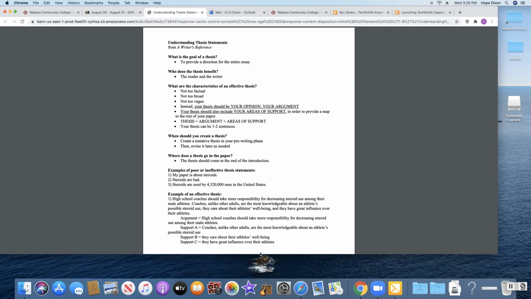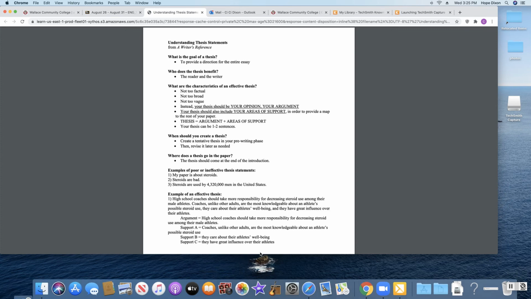So you can see how this thesis statement and these points of support provide the writer of this paper a roadmap to follow so that he or she will know exactly what is supposed to come in each paragraph. Now, for this particular essay that you're writing, you have been asked to pick a question to answer.